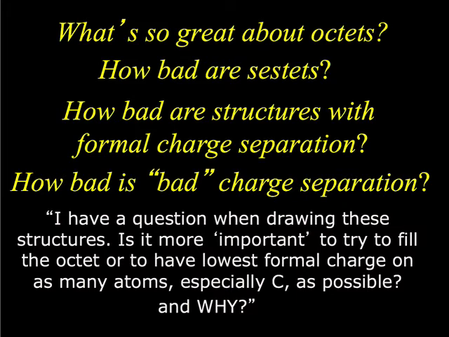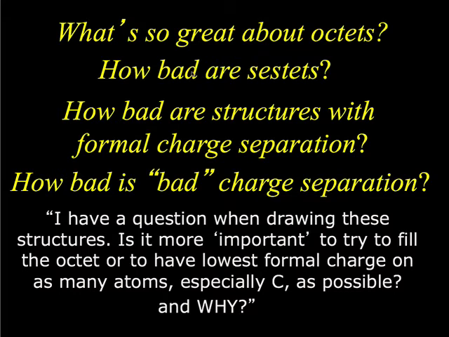Right? So, what is so great about these octets? How do we get such a strong influence from structures that have their octets? What's that coming from? Also, a good question would be, how bad are these sextets, right? How bad is it to only have 6 electrons like we do when we have carbon with 3 bonds?